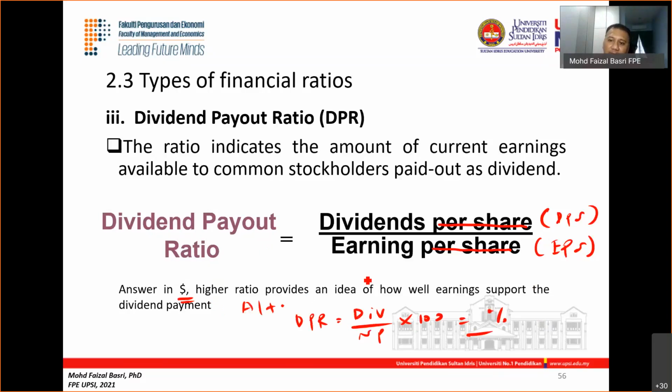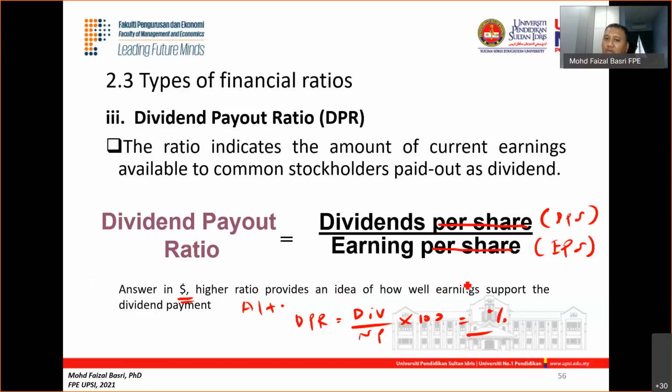Both are acceptable, whether to measure using ringgit or percentage. So you can measure either and explain the analysis at the bottom here. Again, the higher the ratio, the better. It indicates how much earnings they have to support the dividend payment.